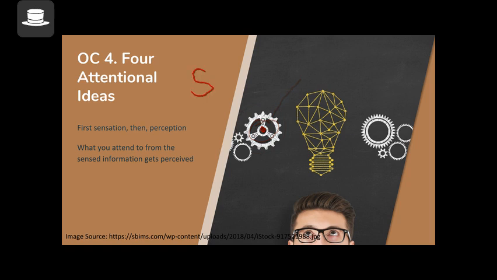So the order of mental processes is SAP: sensation, attention, and perception. Whatever sensed information there is, and whatever part of it you focus on, only that gets perceived. Okay, with this in the back of your mind, let's talk about the 4 attentional ideas.